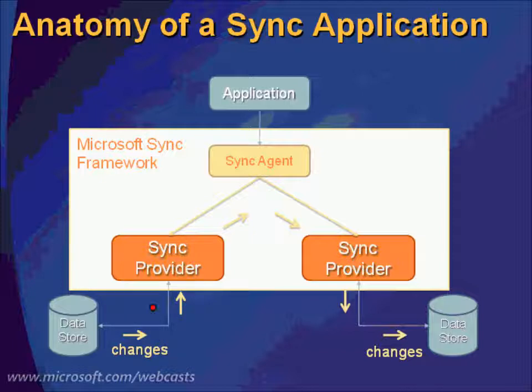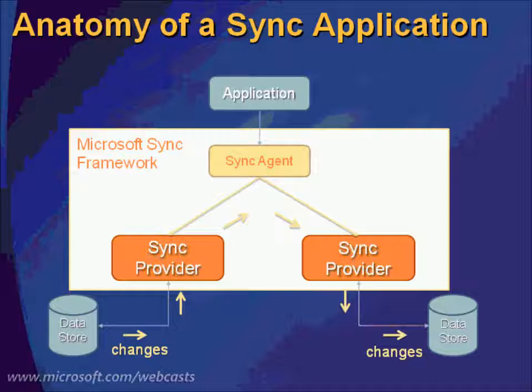These endpoints could be, you know, Vista contact, and the Vista contact has a data store, like the local file system, and then maybe your mobile device, which has its own internal data store for keeping track of contacts. And then we give the sync agent two providers, regardless of the number of stores that we're syncing and the topology.